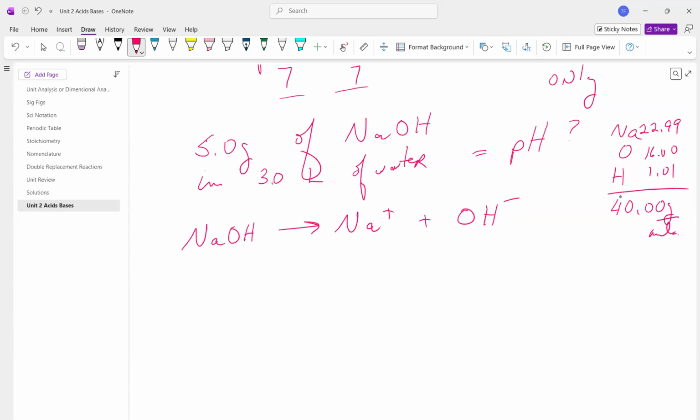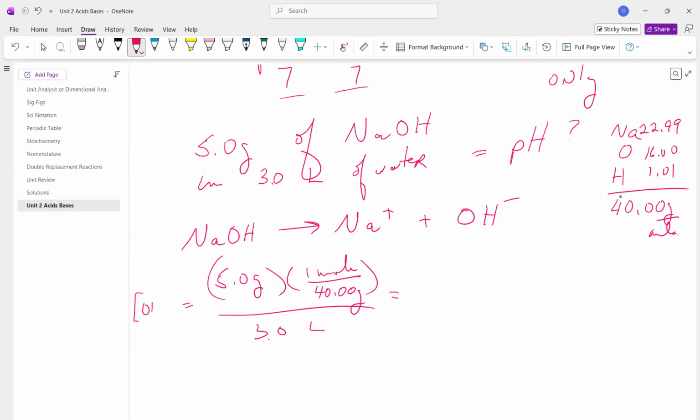Okay, so we're going to go 5 grams. That'll give us moles, all in 3 liters, and this is equal to the hydroxide concentration. So that's going to be, let's see, divided by 40.